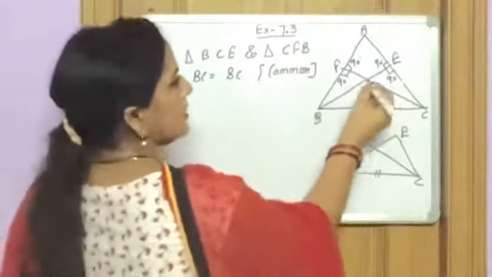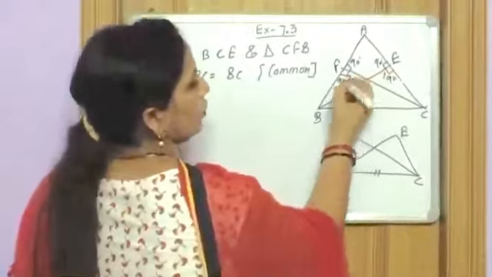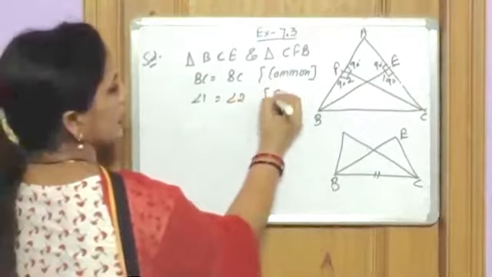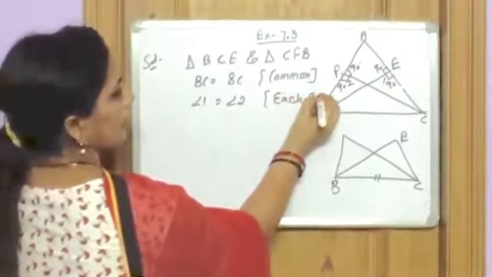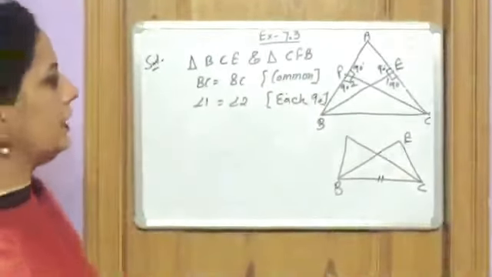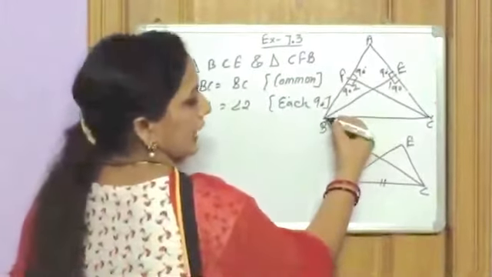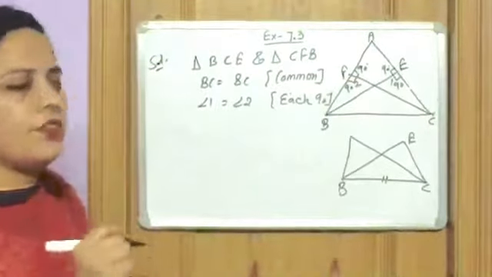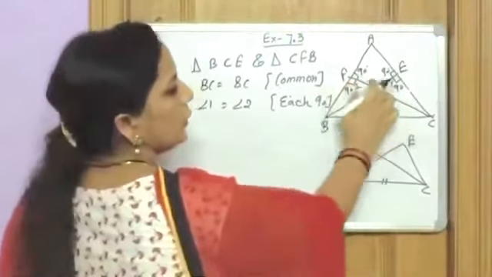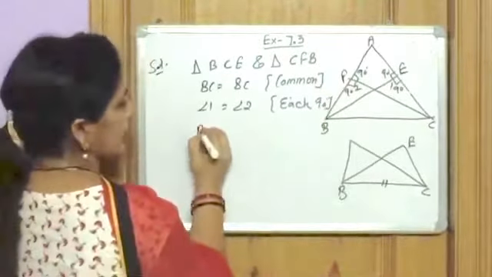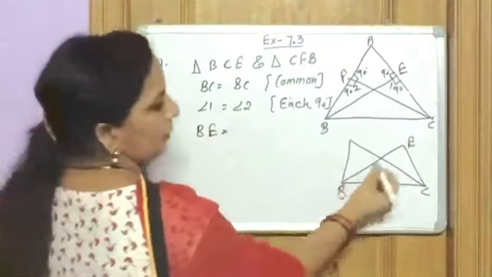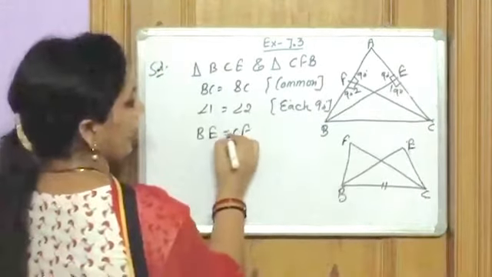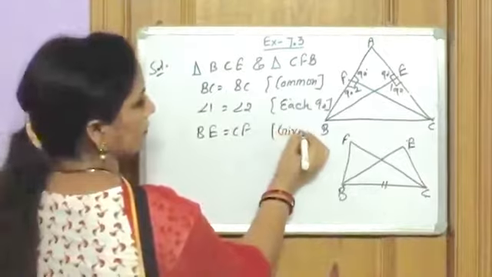Next, if we consider here angles 1 and 2, then we can say angle 1 is equal to angle 2 because each is equal to 90 degrees. Third one is, you are given that BE and CF are two equal altitudes. This is given in the statement. So we can say that altitudes BE and CF are equal, and the reason is given.